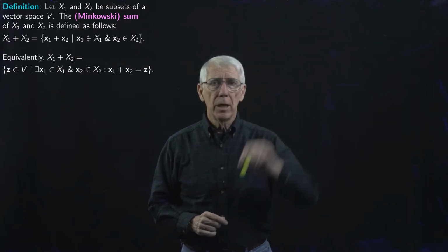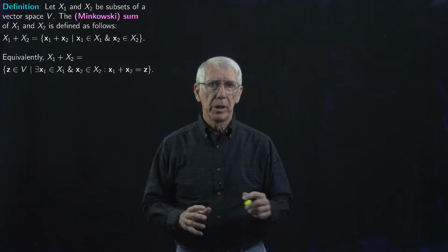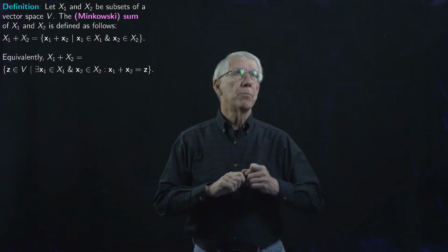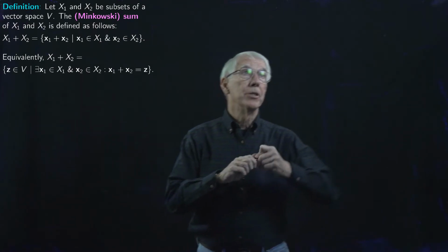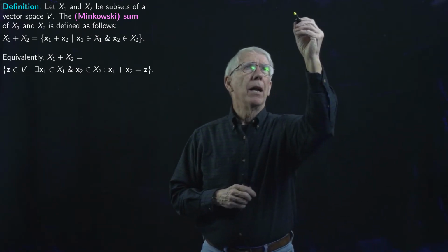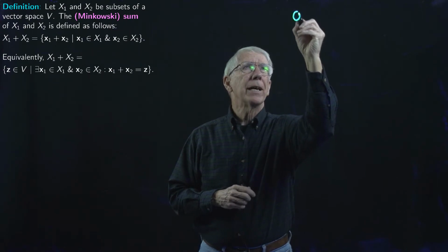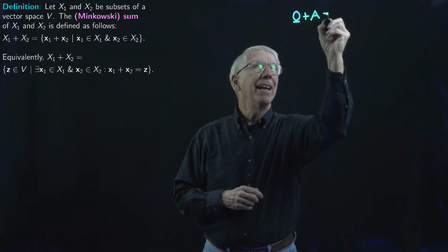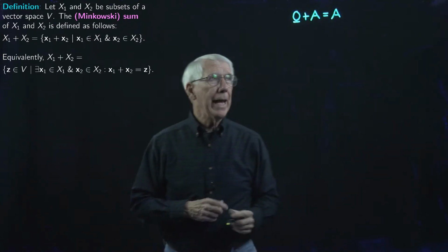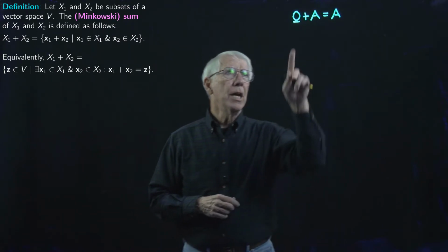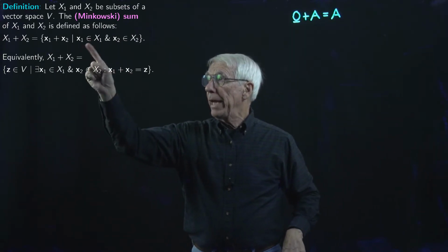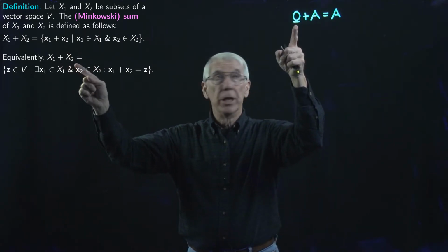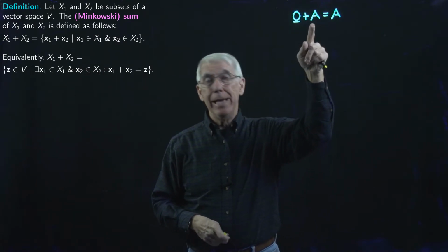Okay, so now let's do several examples over here of simple little sets that we're going to add up in R2. So first, let's just point out that in general, not just in R2, if I have the origin and I add that to any set A, that's going to be just the set A again, because according to our definition, the only vector we can add to A is the origin, and when I add that to any vector in A, I get the same vector back again.